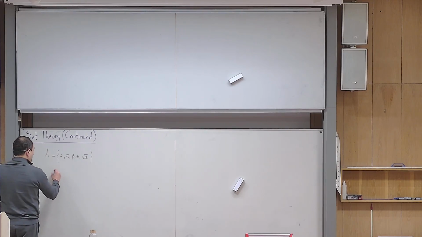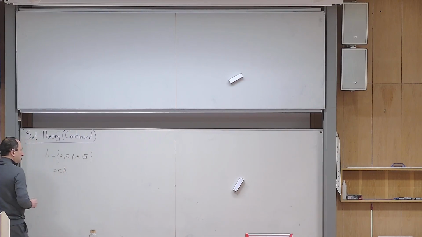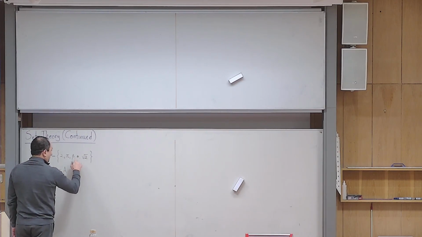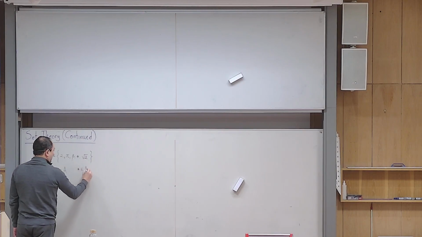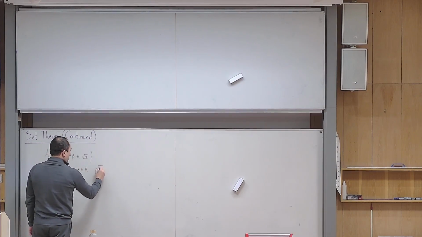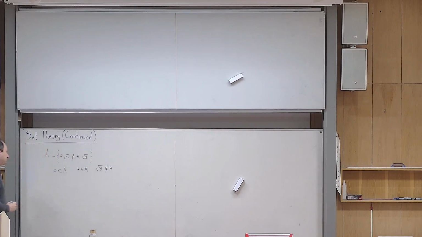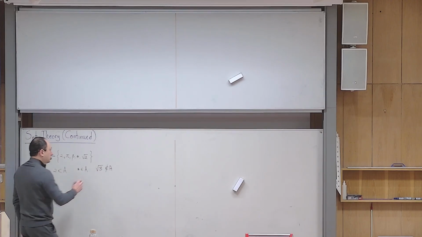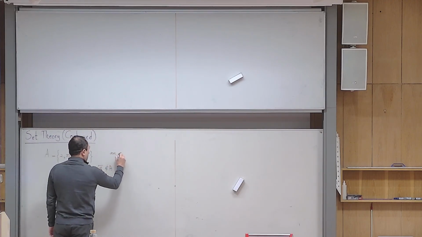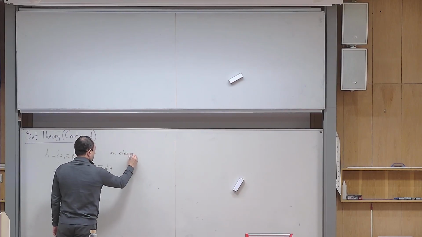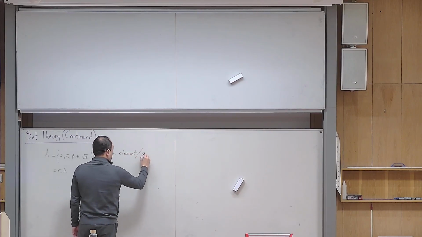So you can say that 2 belongs to the set A, or this star or whatever it is, it belongs to the set A. But for example, the square root of 3 does not belong to the set A. So each one of these that you see inside is called an element or a member.